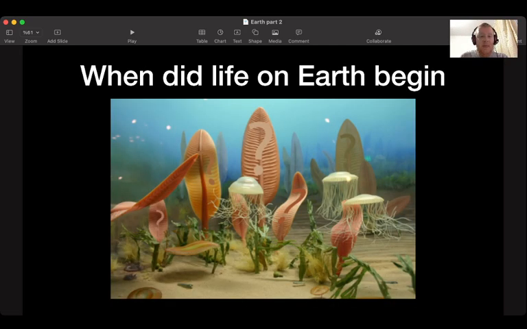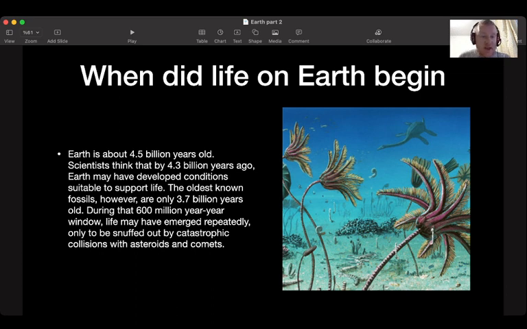So now we're going to talk about when life on Earth began. That's also another big question. When did it start? Earth is about 4.5 or 4.6 billion years old, but anyways, scientists think that by 4.3 billion years ago, Earth may have developed conditions suitable to support life.